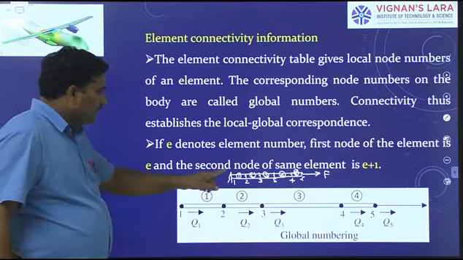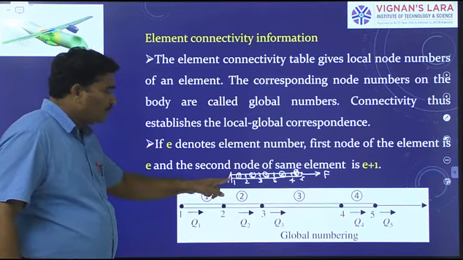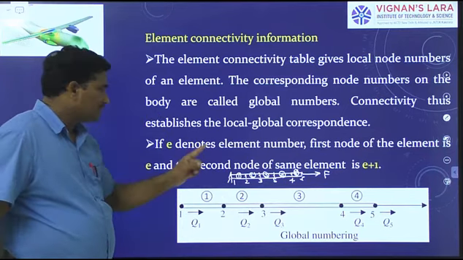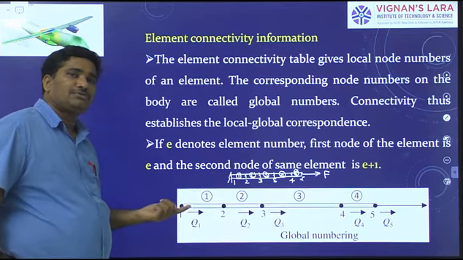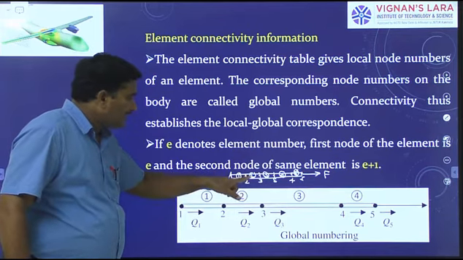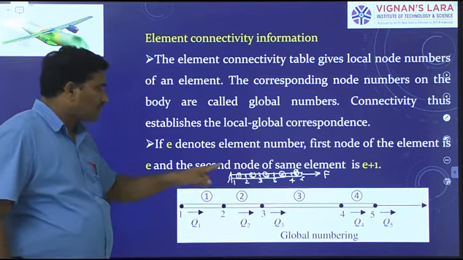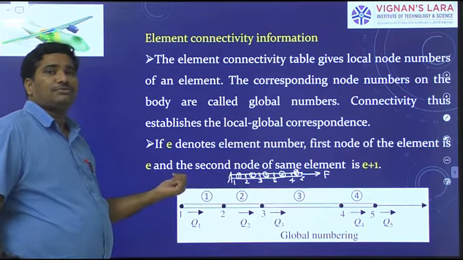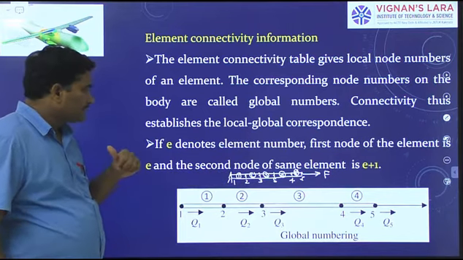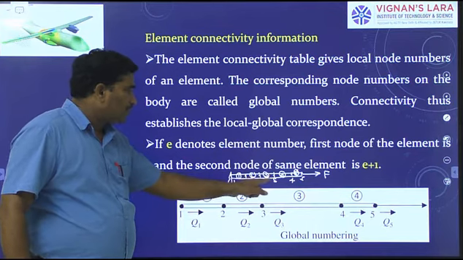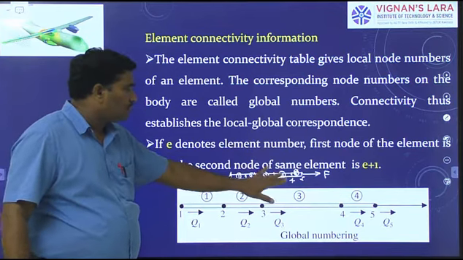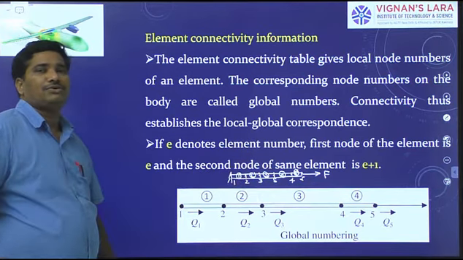Now, for the first element, node 1 is the first node and node 2 is the second node. For the second element, node 2 is the first node and node 3 is the second node. Next. For the fourth element, node 5 is the first node and node 4 is the second node.